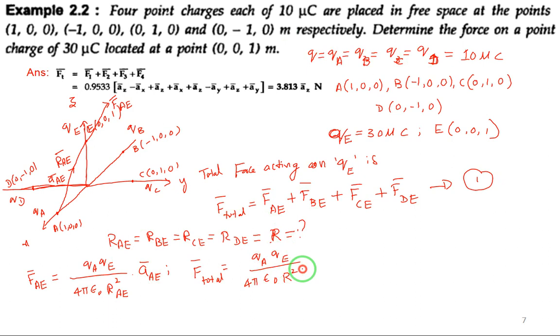So R square I'll write here. This matters a lot because only the unit vector is changing. So AAE from the first force, from the second force ABE, we have to take care about the unit vectors: ABE plus ACE plus ADE. This is the final formula.